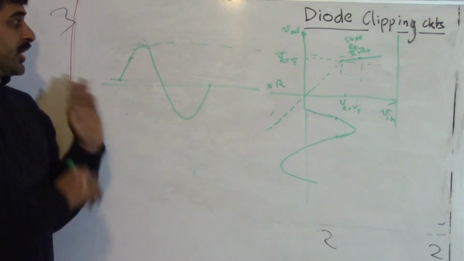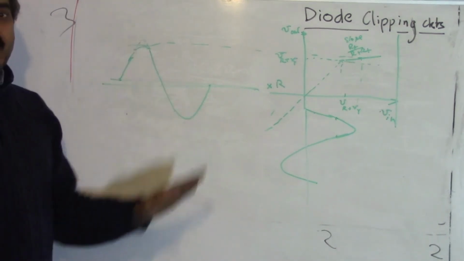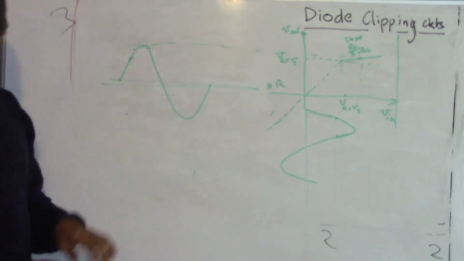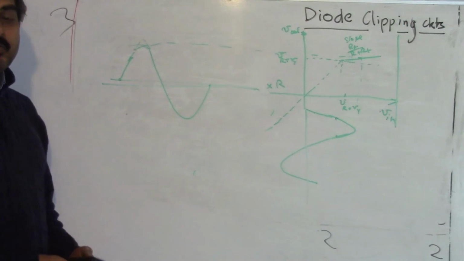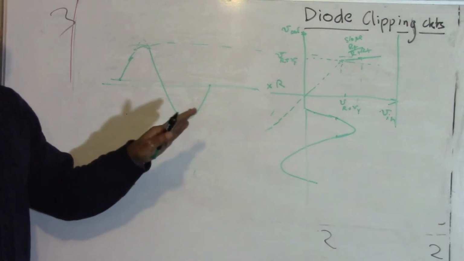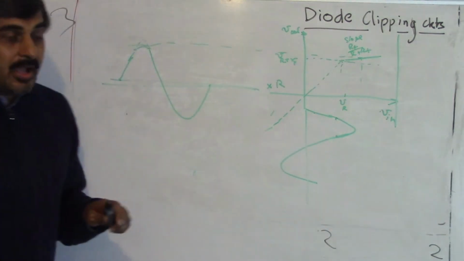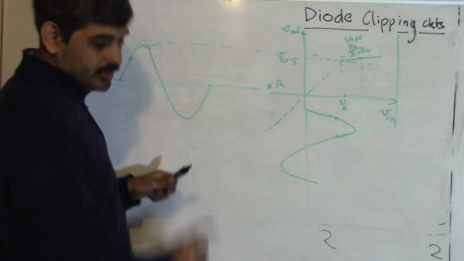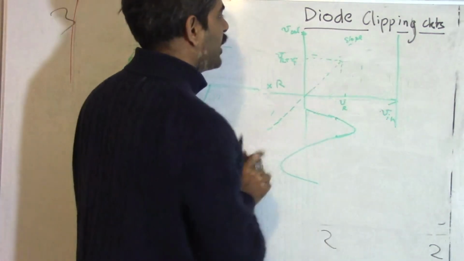So this is the precise shape of the curve for this diode clipping circuit. I hope you can analyze this, find out what the peak values of these voltage curves are, and how you can analyze this circuit with those given assumptions. A few things you need to keep in mind. If you take this diode to be ideal, you could remove V gamma and simplify this more by making this slope look like this.